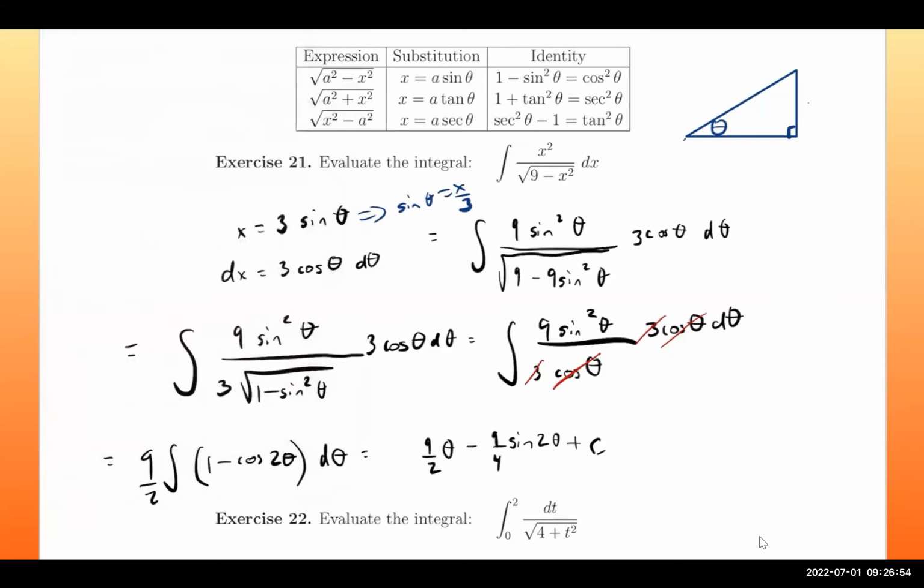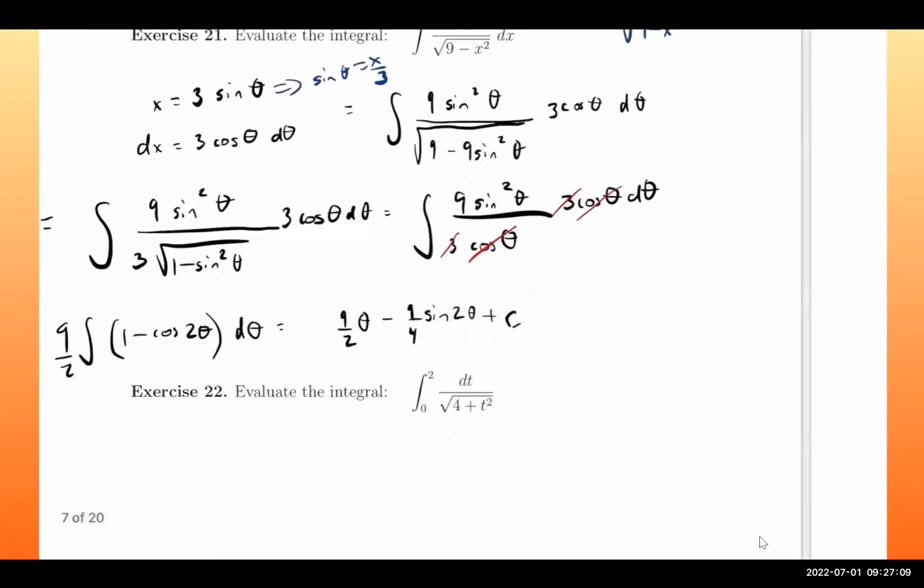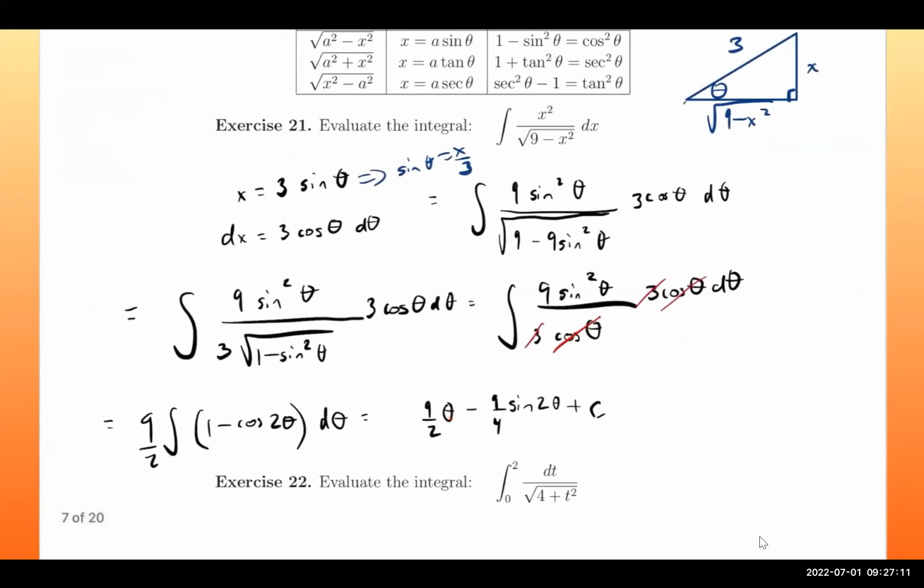So sine is opposite over hypotenuse. And then if you do the Pythagorean theorem, you'd get square root of 9 minus x squared. So a squared plus b squared is equal to c squared. All right, and this is how we're going to rewrite theta in terms of x. So theta is going to be inverse sine of x over 3.